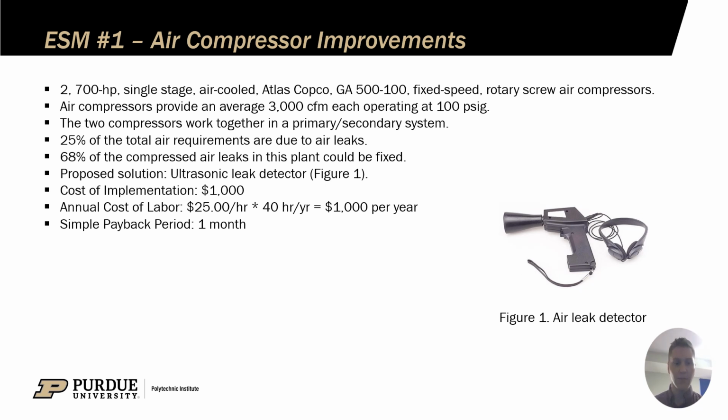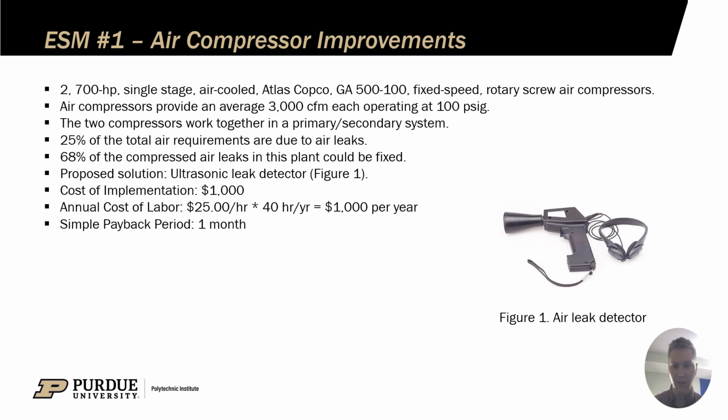So in our evaluation, we were able to determine that 25% of the total air made in the system is lost. So we've got a lot of loss in the system. And we've determined that of the loss, we can take about 68% of it out by purchasing an ultrasonic leak detector.